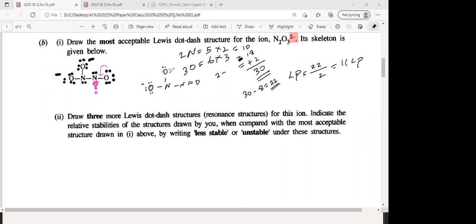This one also has 3 lone pairs with a minus charge, because this ion is N2O3 2 minus. This nitrogen has a lone pair, this one has a double bond, and there are two pairs here. Is that clear? This is the correct dot dash diagram.